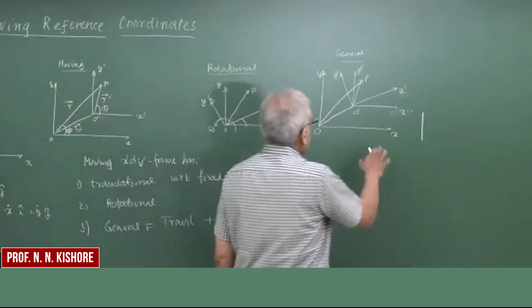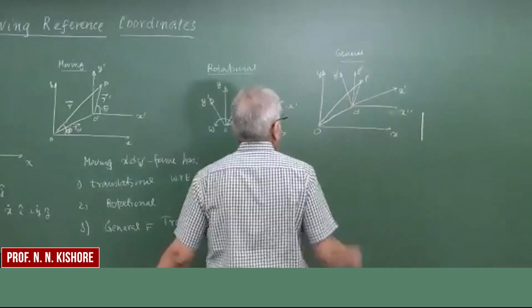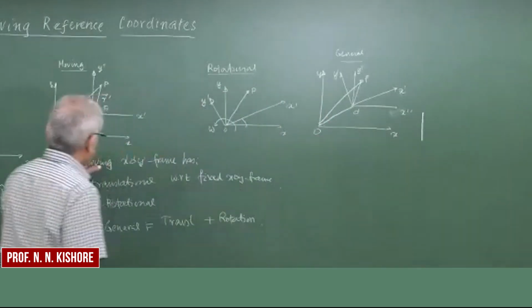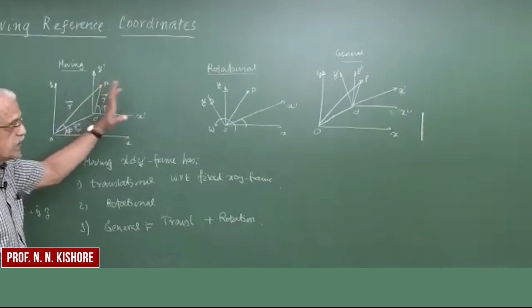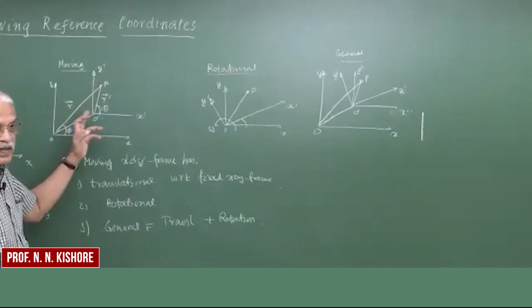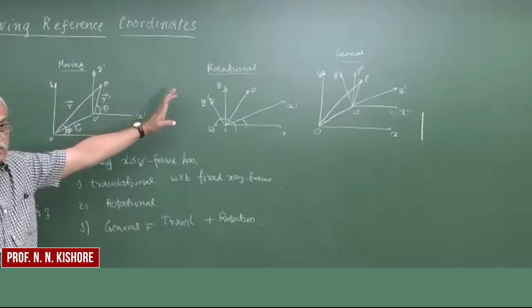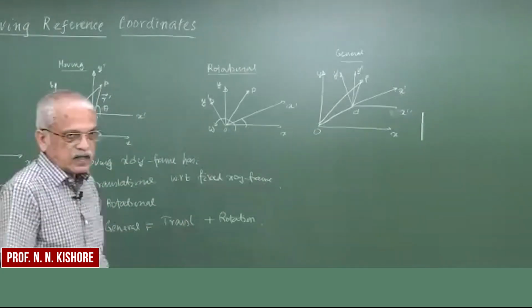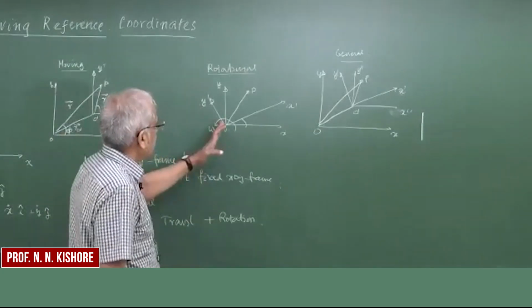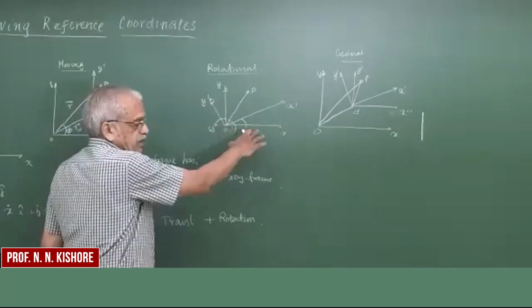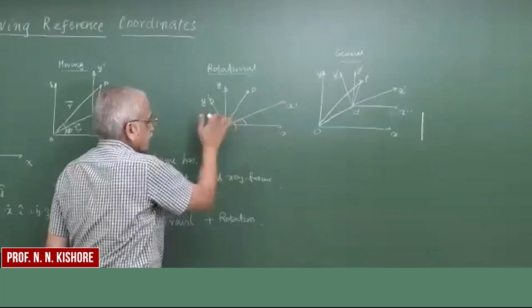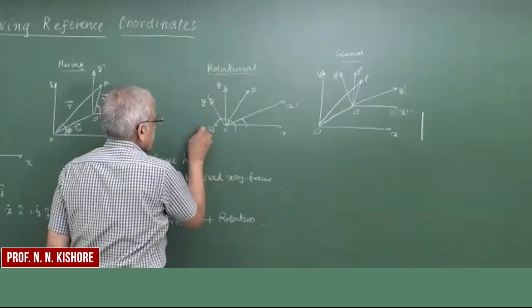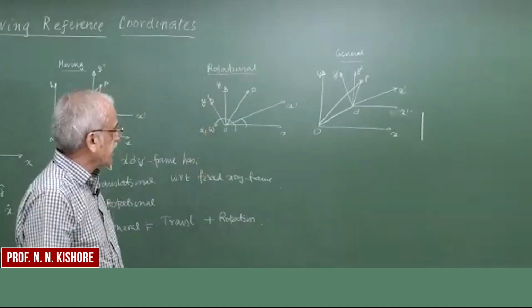So you're able to understand in the first case, in the translation, these axes just remain parallel to the original axes, and they keep moving with certain velocity and acceleration. While rotational means at the same point, this x prime y prime axis is going to have certain angular velocity as well as maybe some angular acceleration.